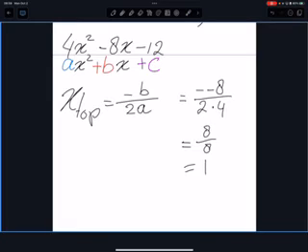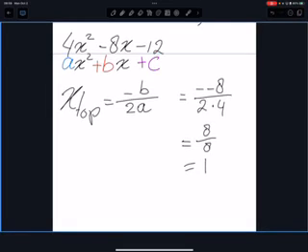How do I find the y value? Placing it in the formula. It's minus b, and b is minus 8. Because b is minus 8, minus b, minus minus.